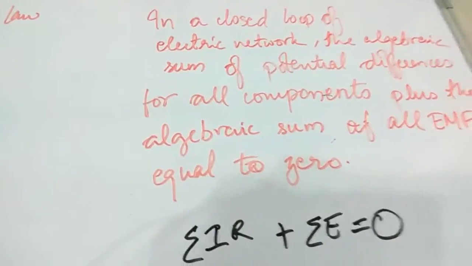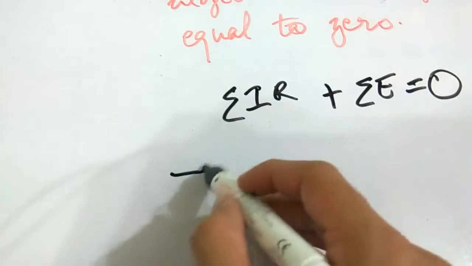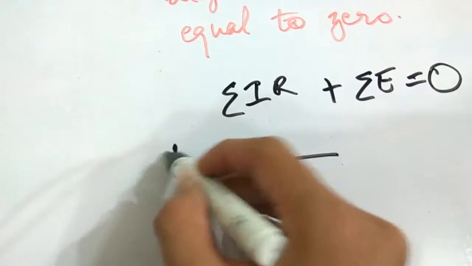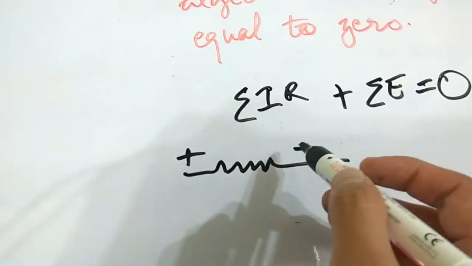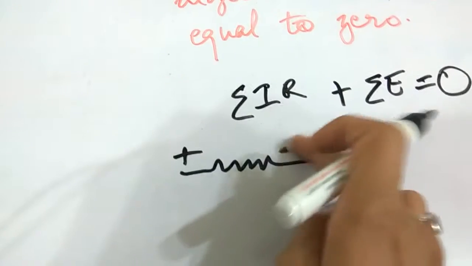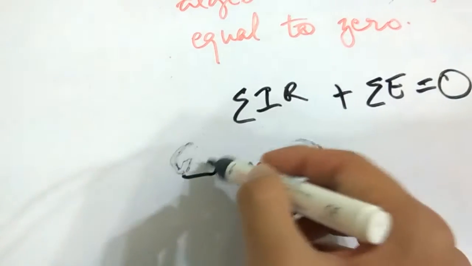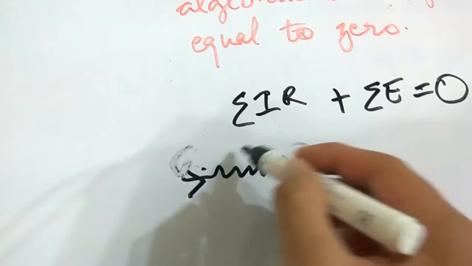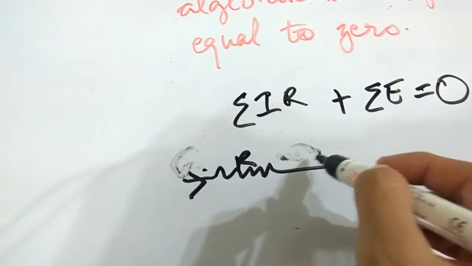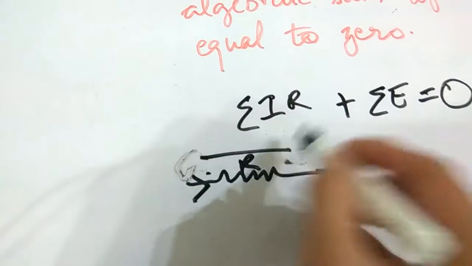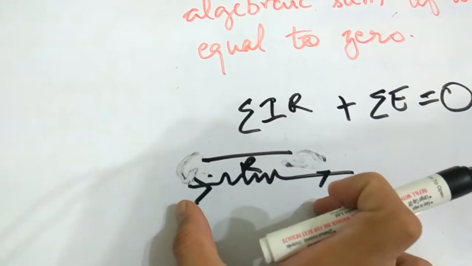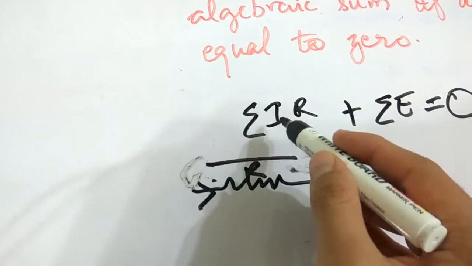What is the potential difference? Potential difference is the drop in potential across a resistor. If a current goes from here, it obviously passes through this resistor and goes here. So the drop in potential causes a potential difference here.